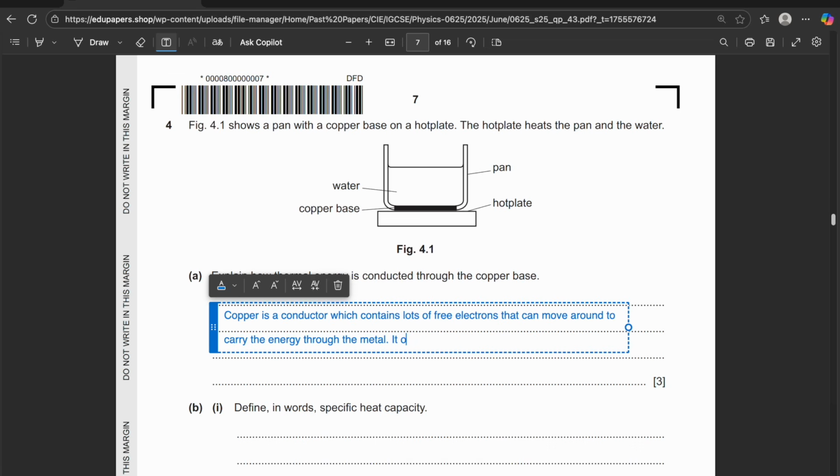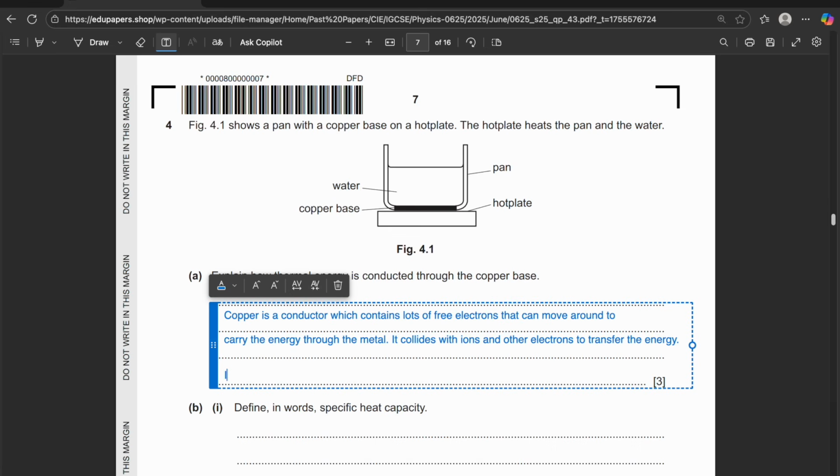They collide with ions and other electrons to transfer the energy. Lattice ions also vibrate and cause the neighboring ones to vibrate to transfer the energy.